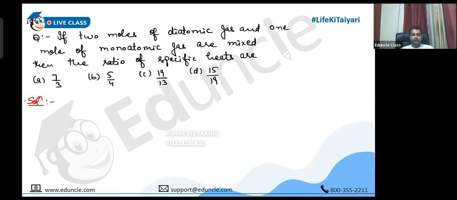Today I will give you another formula also for calculating the gamma for the mixture in a shortcut way. But try to solve it first. Yes, Mamta, very good. Yes, Jashri. Yes, Divya, very good. Yes, Prachi.